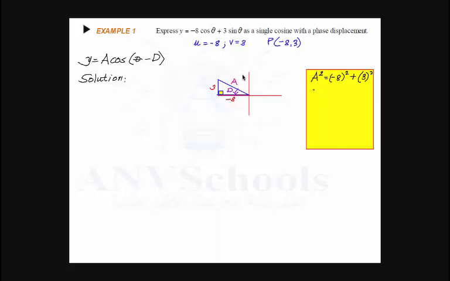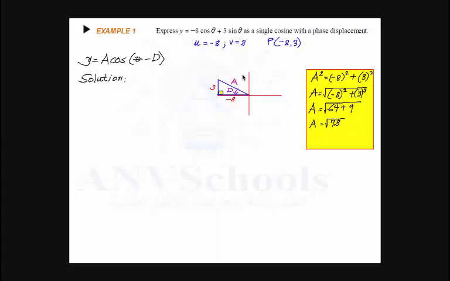So A will be equal to the square root of negative 8 squared plus 3 squared. And that will give us 64 plus 9. So that means that A is the square root of 73.